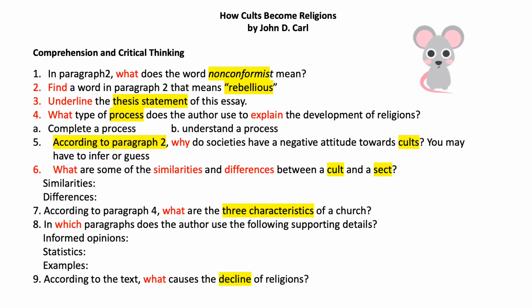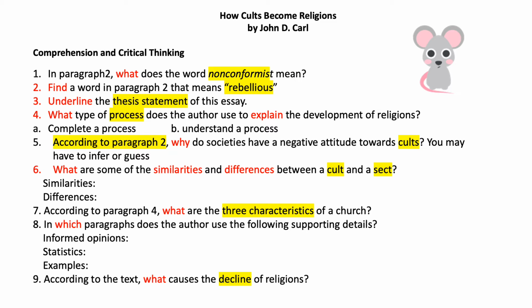Nonconformist, according to paragraph 2, if we go back there, refers to what we call, you could write something along the lines of atypical to the desired model of societal beliefs and practices. So that is going against the societal beliefs and practices.